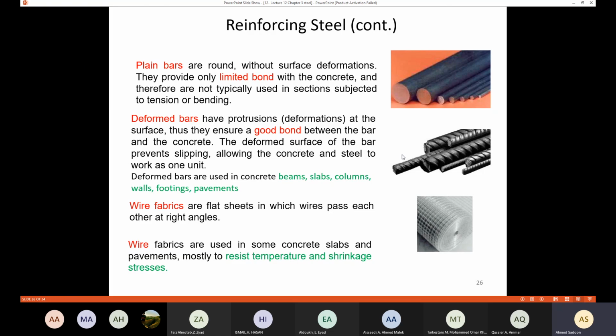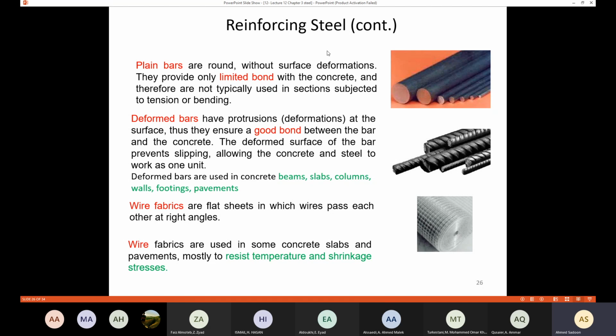The deformed surface of the bar prevents slipping, so the steel bar is not going to slip, and that allows the concrete and the steel to work as one unit. Like I just mentioned, they are going to work like one unit because the bond between them is good. But if the surface is smooth like the plain bars, then the steel is going to slip from the concrete.